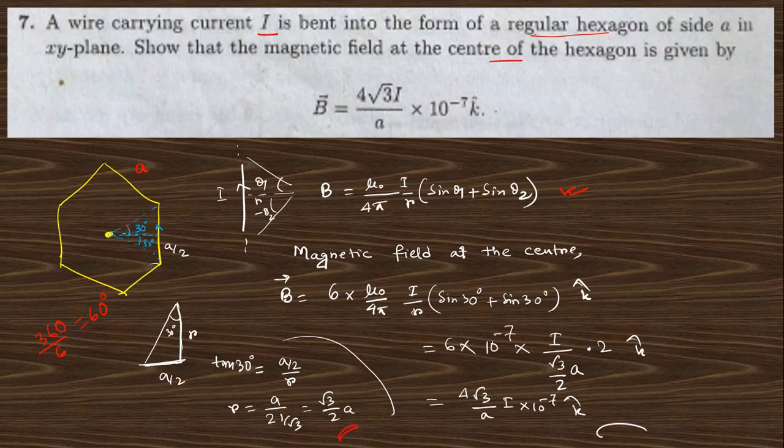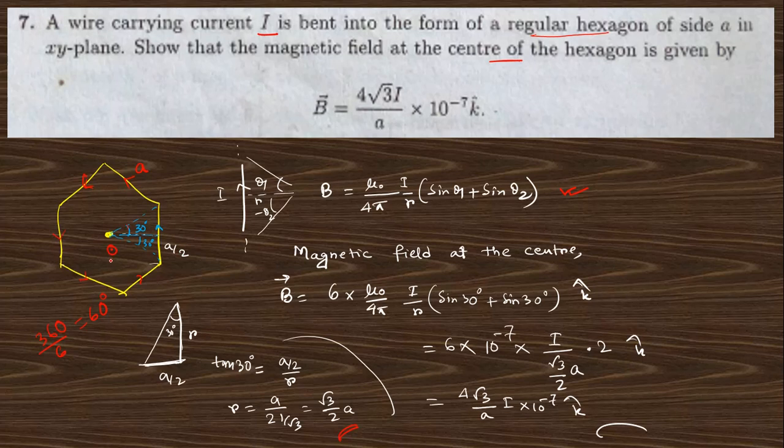So put this value of r, and there is 6, and you can see in a similar fashion for each side the magnetic field is outward if you take the current in this direction. So for each component they will be out of the page.